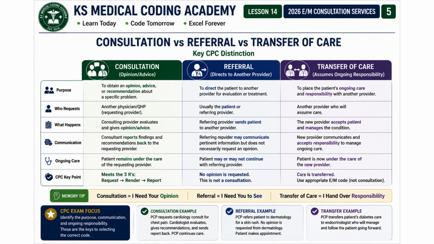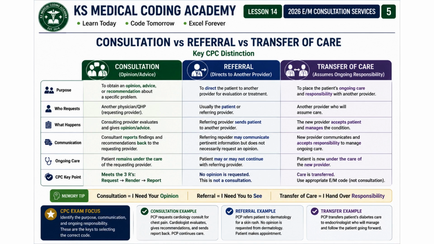One of the most important CPC distinctions is understanding the difference between a consultation, a referral, and a transfer of care. A consultation occurs when another provider requests an opinion or recommendation about a specific patient problem. The consulting provider evaluates the patient, provides an opinion or advice, and reports the findings back to the requesting provider. Think, I need your opinion. A referral generally directs the patient to another provider for evaluation or treatment.